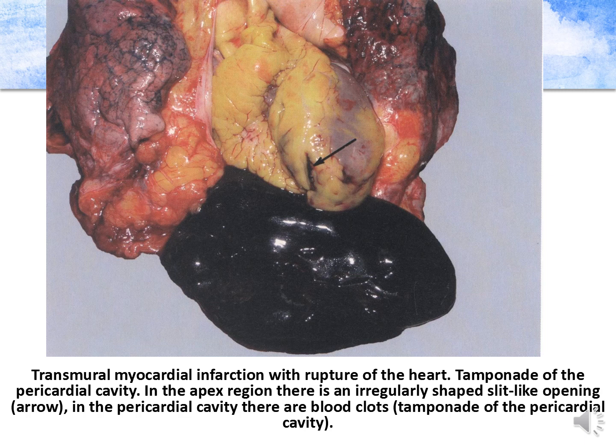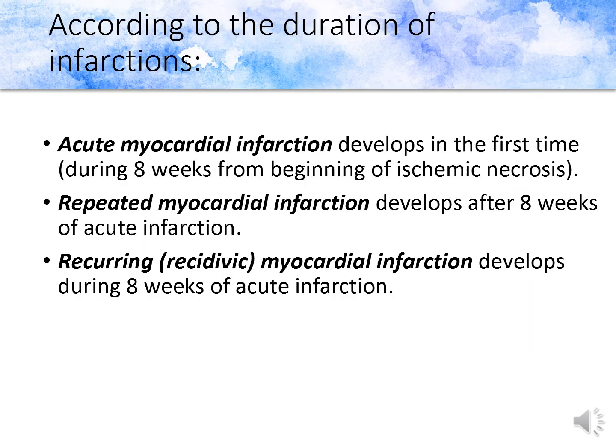In the apex region, there is an irregularly shaped slit-like opening shown by the arrow, and in the pericardial cavity there are blood clots. So we call it tamponade of the pericardial cavity.